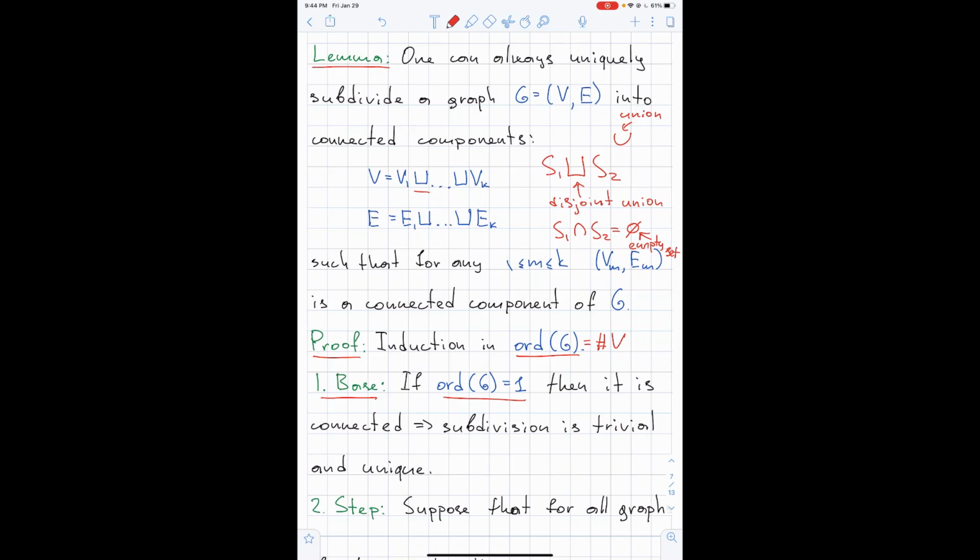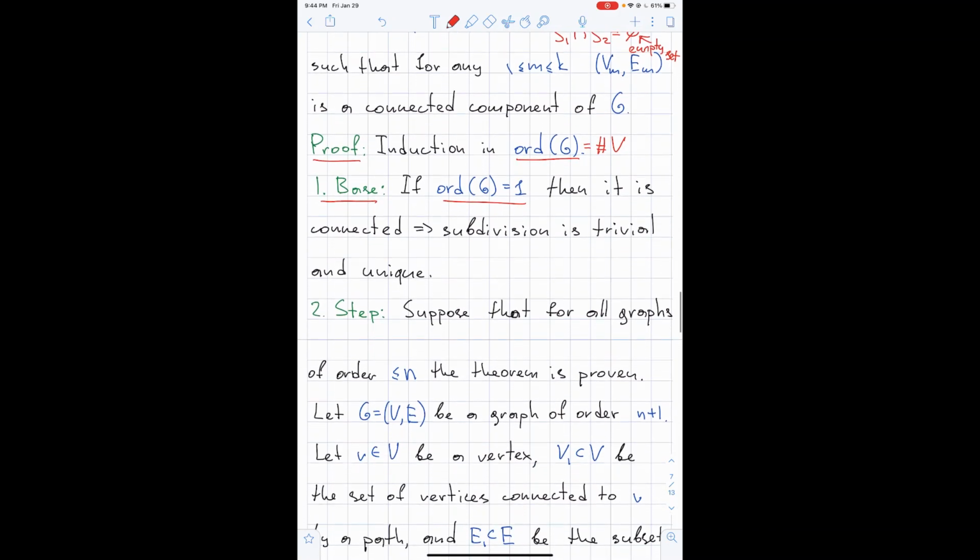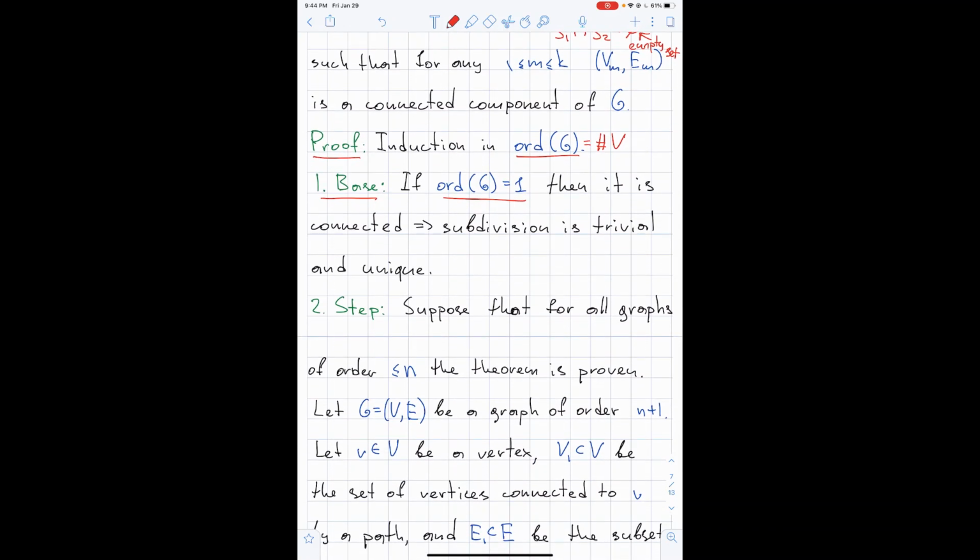It's just one vertex itself. So there is nothing much to subdivide, so the subdivision is trivial and unique. Now we need to prove the inductive step. We make the assumption: suppose that for all graphs of order less than or equal to n, we already proved the theorem.